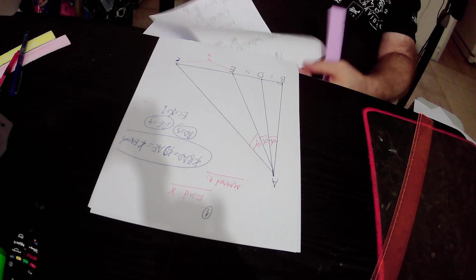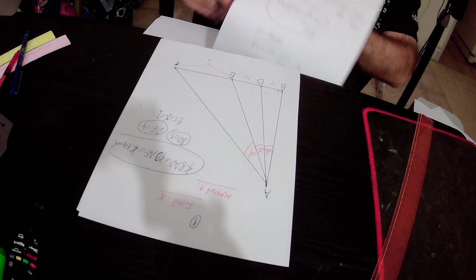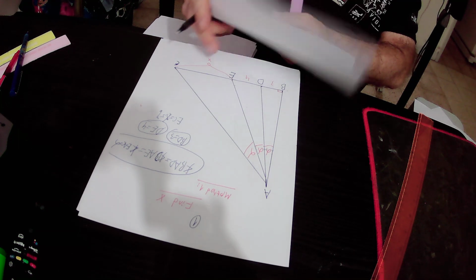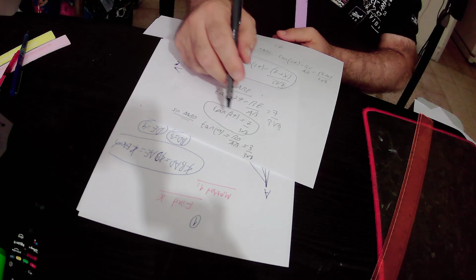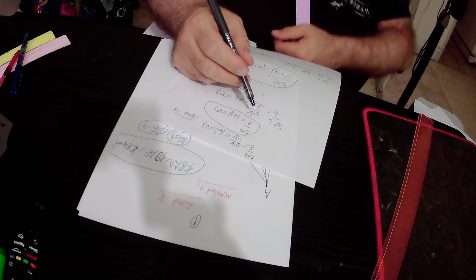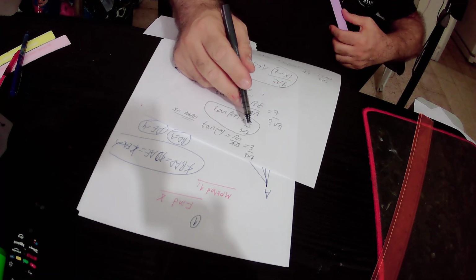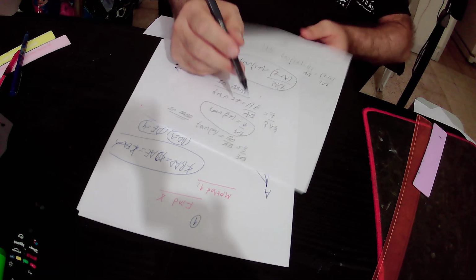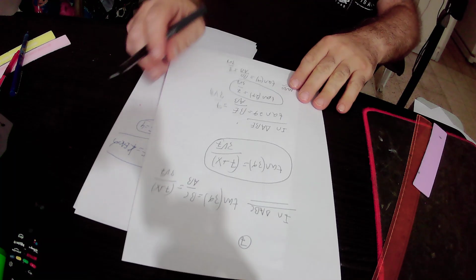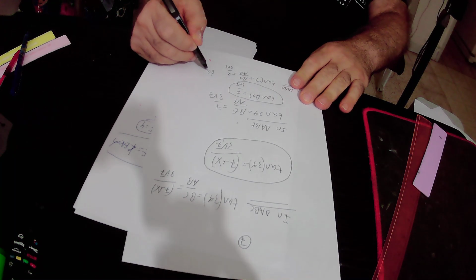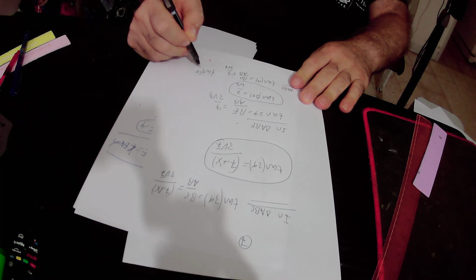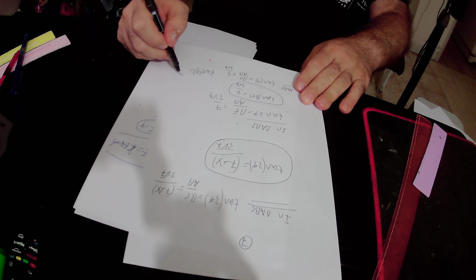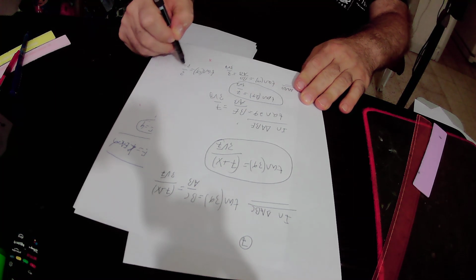So in total we got that the value of tangent alpha is 3 over 3 times root 7. Okay, you can write here that tangent alpha equals 3 over 3 times root 7.